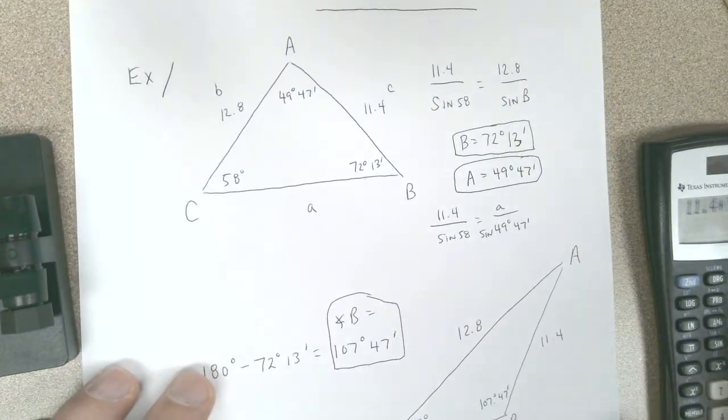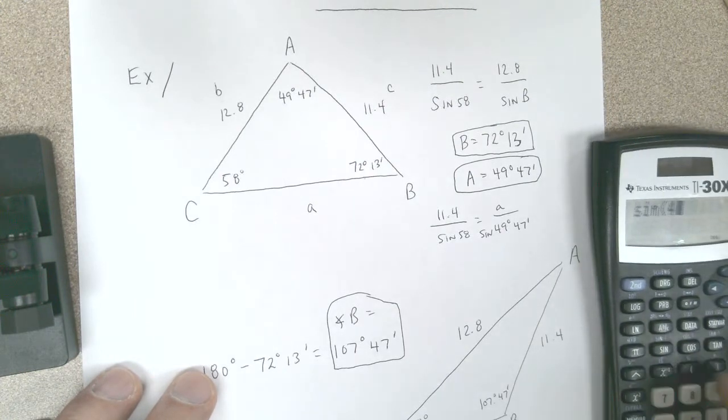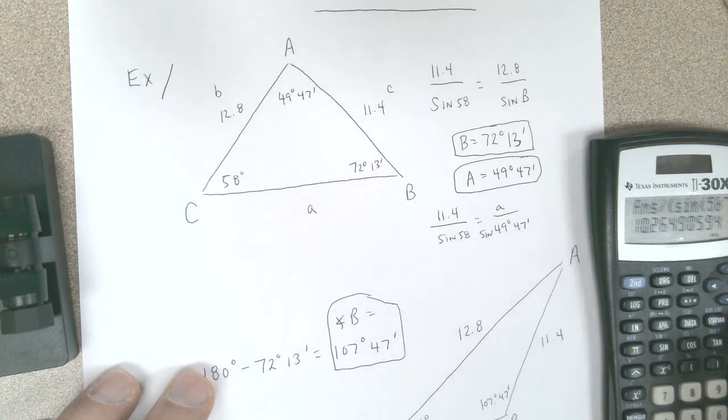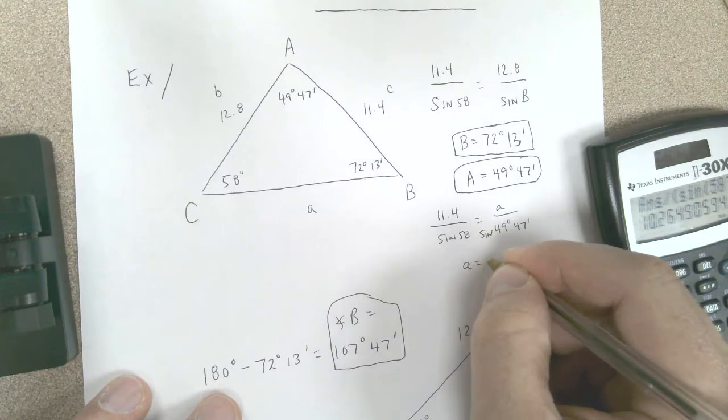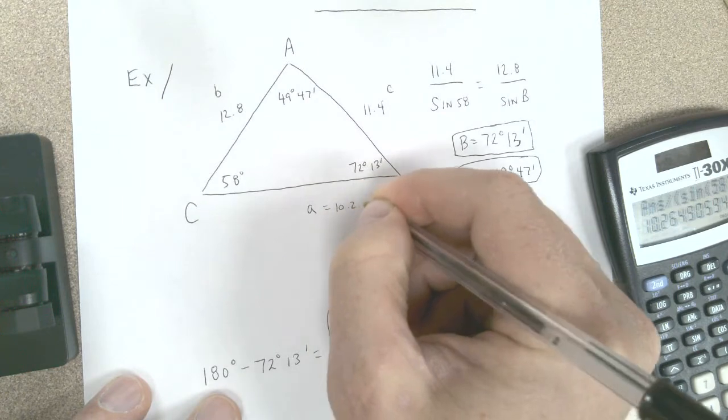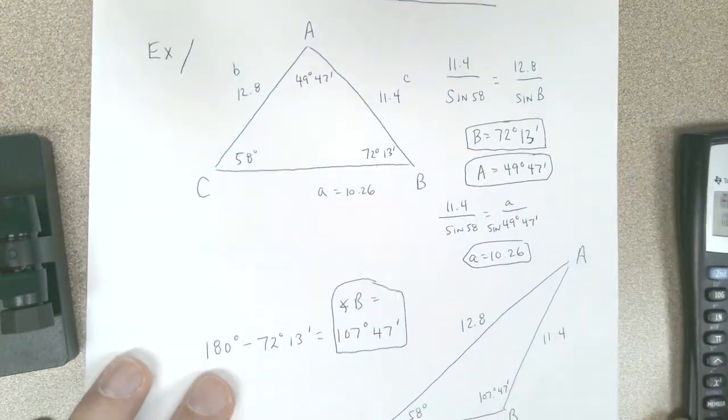I'll do the sine of 49 degrees, 47 minutes. I left out the sine at first, so I'll do that first. Then I multiply that times 11.4 and divide by the sine of 58 and hit enter. 10.26. That's going to be my little a. So I've got all my parts in the first triangle.